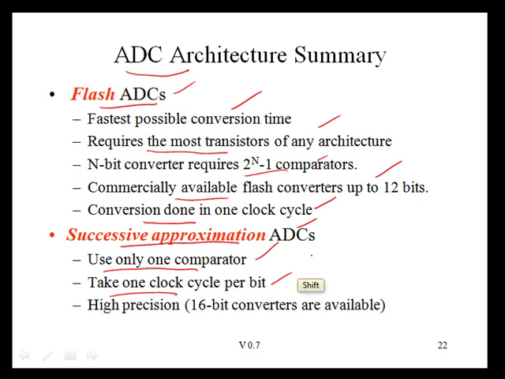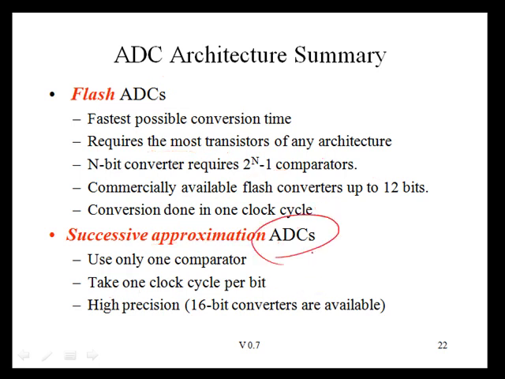It turns out that most microcontrollers that have ADCs on chip use a successive approximation ADC because of the good trade-off between performance and the amount of transistors that it takes to implement it. There are commercially available high-precision successive approximation ADCs that offer 16-bit conversion.